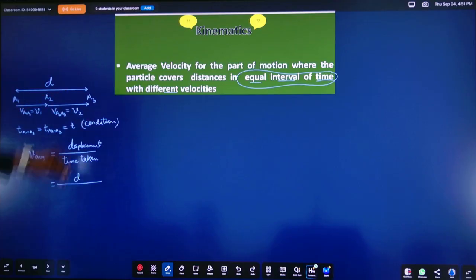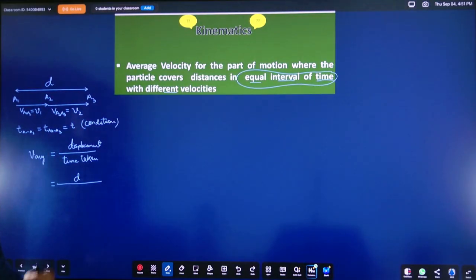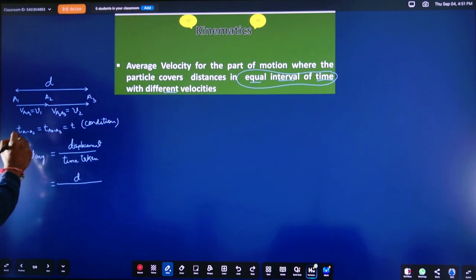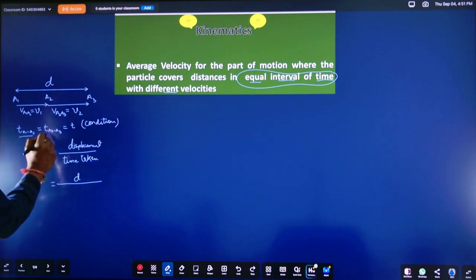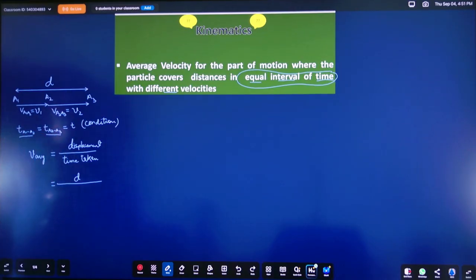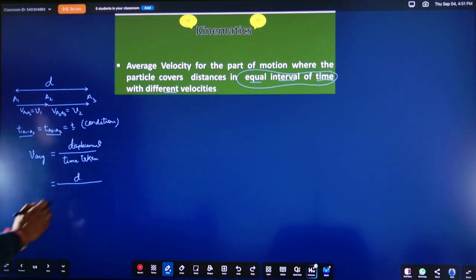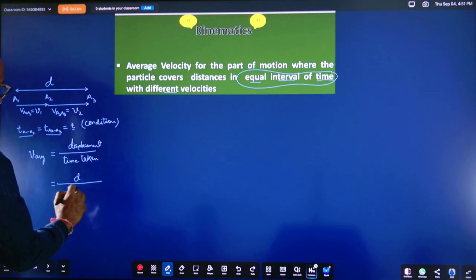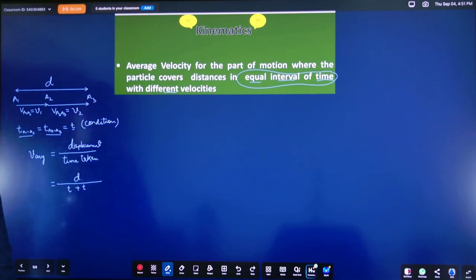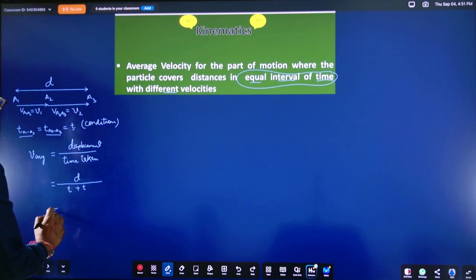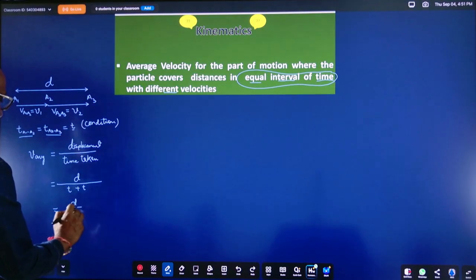Displacement we have taken as d, magnitude of the displacement. Time taken is t a1 a2 plus t a2 a3, but both the times are equal, so it is t plus t. D by 2t.